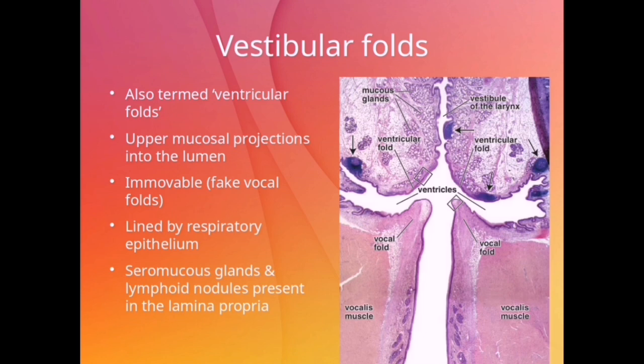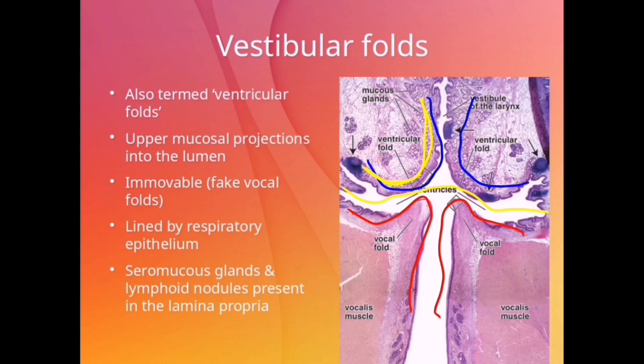So we have the ventricular fold, this one, and we also have the vocal folds. And these two folds are separated between them by what we refer to as the ventricle.